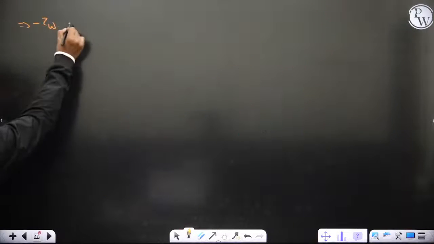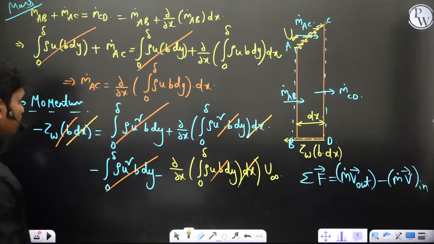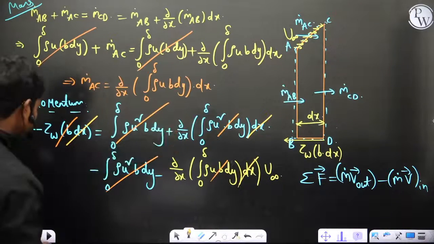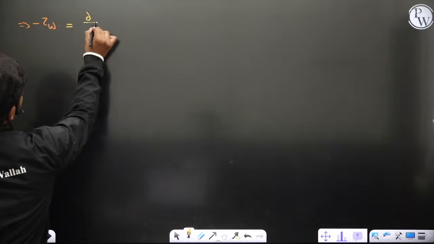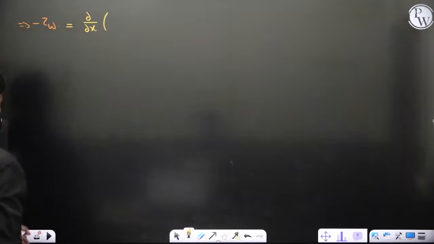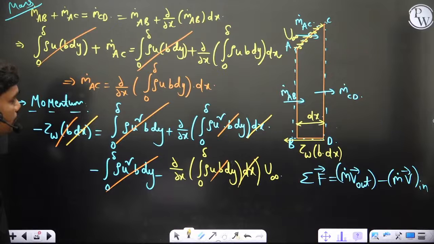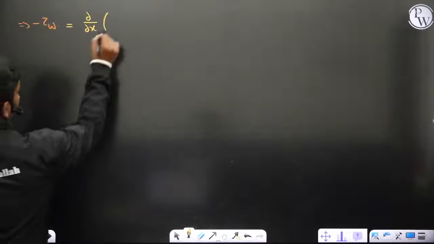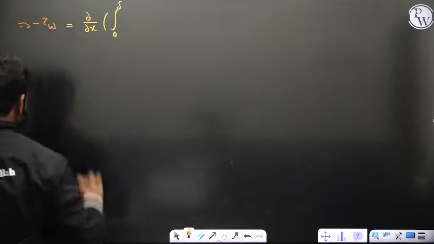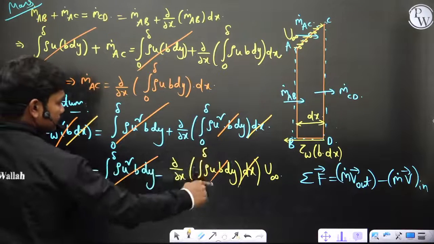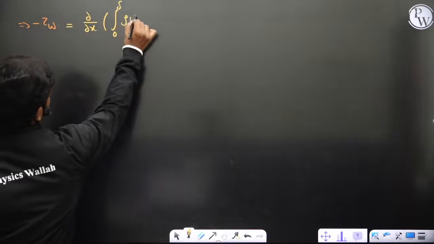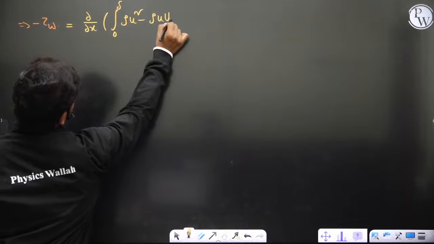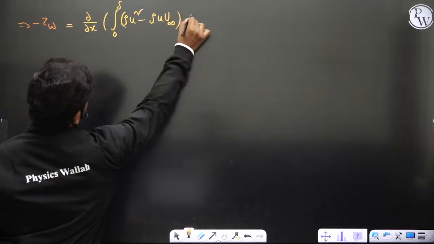So we have minus tau w is equal to dou by dou x of, this is also dou by dou x, limits are same, so we can write it as a single term, dou by dou x of integral 0 to delta, here you have rho u square, here you have rho u into u infinity. So rho u square minus rho u u infinity dy.